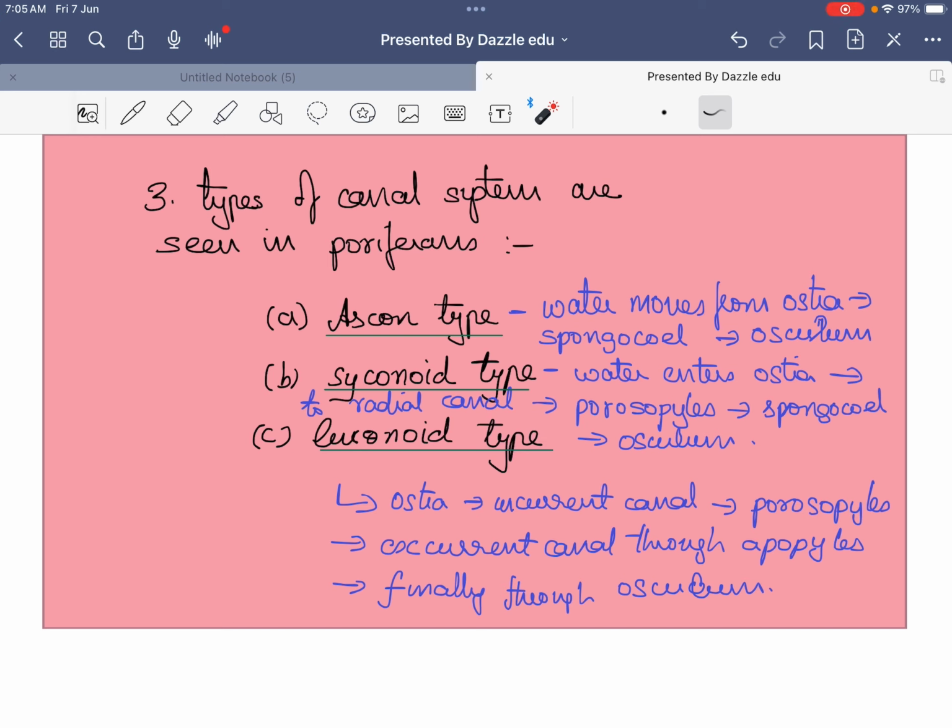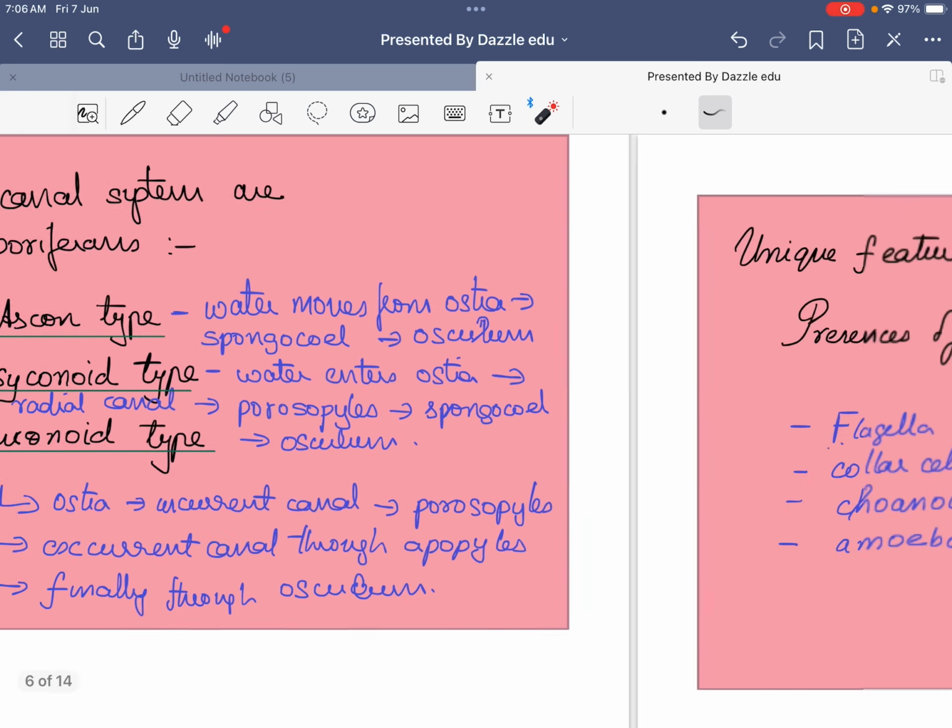Leuconoids are a much more complex form of poriferan where water enters through the ostia into the incurrent canal, then into the prosopyles, and the excurrent canals lead to the apopyles, and finally out through the osculum. So depending upon the complexity of the canal system, we have three types: ascon, sycon as well as leuconoid.